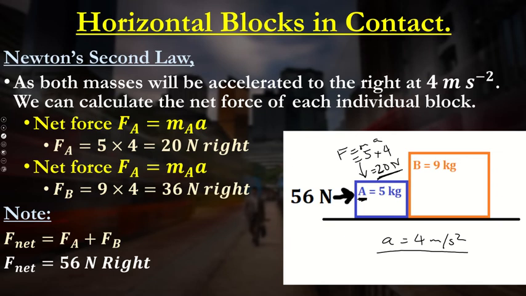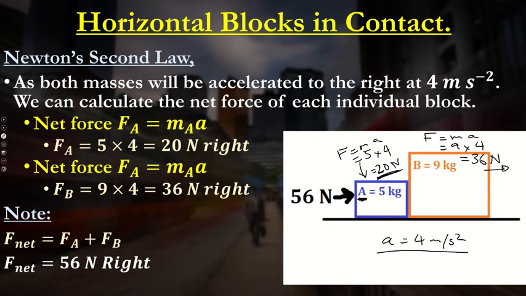If I want to work out the net force on block B, again using F equals ma, 9 times 4, I get a force of 36 newtons, again towards the right.